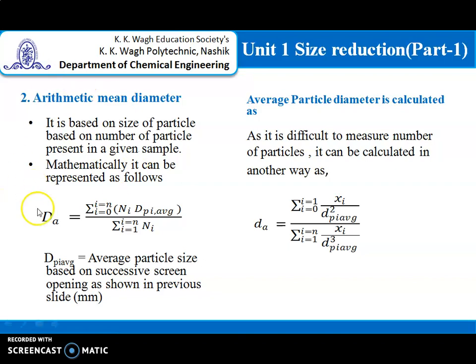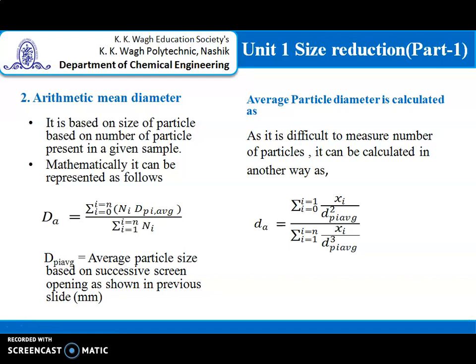Again, dpi average is calculated as described previously: the sum of the openings of two successive screens divided by 2. For a particular size, it is multiplied by the number of particles in that size range, and divided by the total number of particles, which gives us the arithmetic mean diameter.